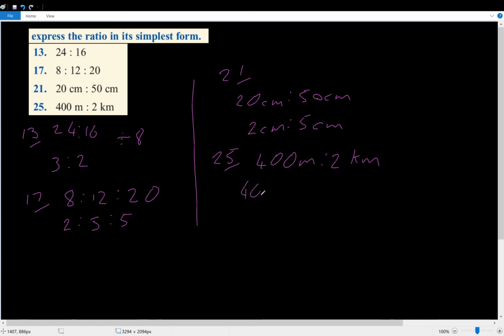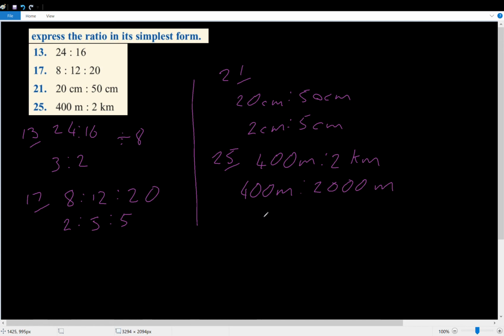So we've got 400 meters to, well, there are 1,000 meters in a kilometer, which means there are 2,000 meters in 2 kilometers. And now we can see if we can get a common factor to both of them. If you can't think of one number that'll divide into both right now, you can go in steps. So both of these can be divided by 100.